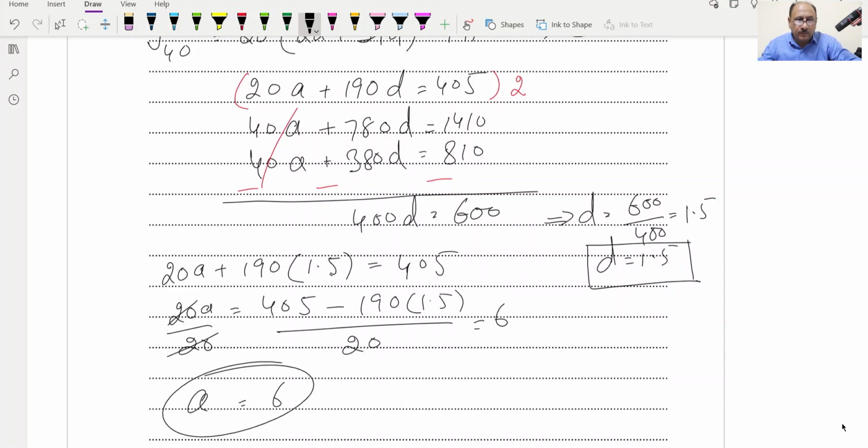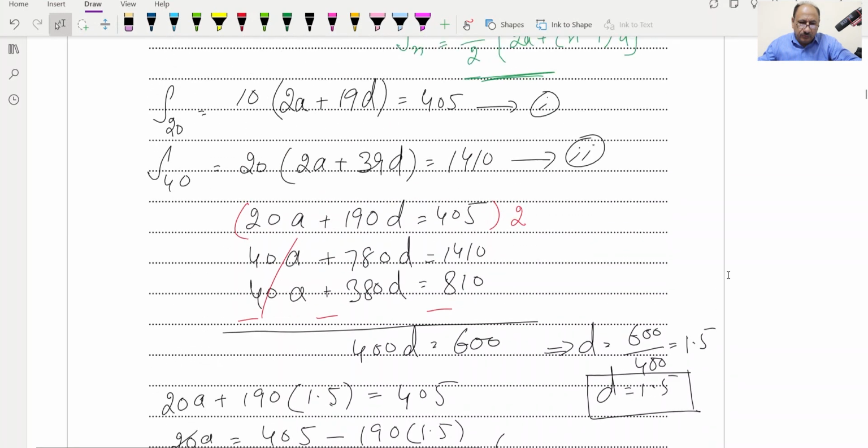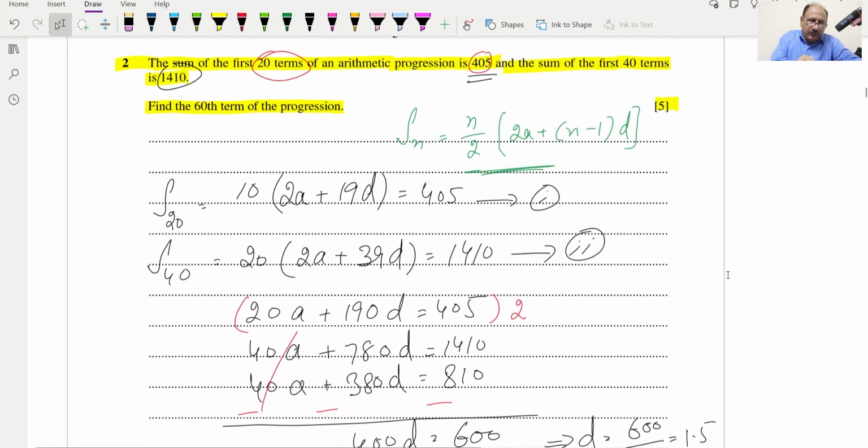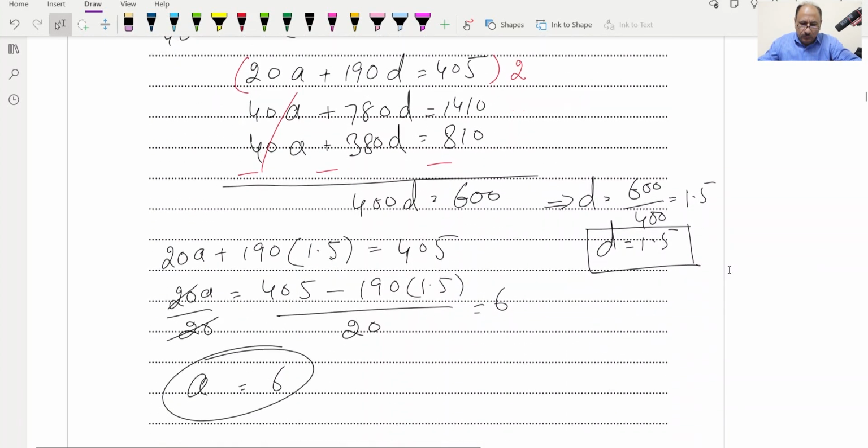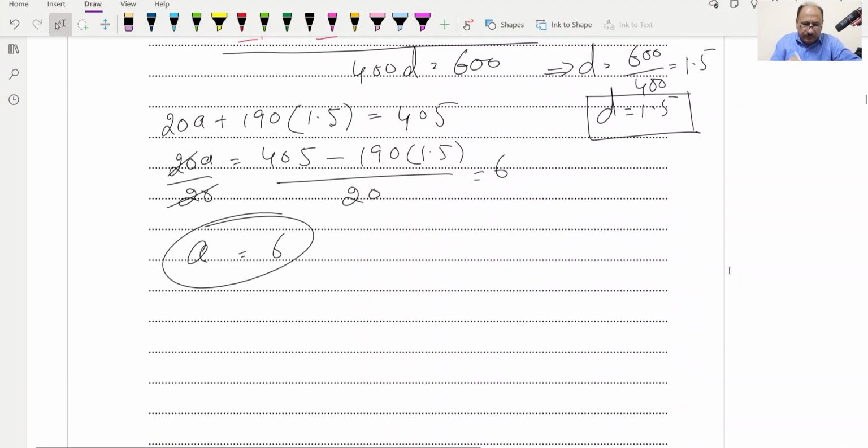After finding the A value, we have to find the 60th term of the progression. We know the formula for the nth term is an is equal to a1 plus n minus 1 into d.